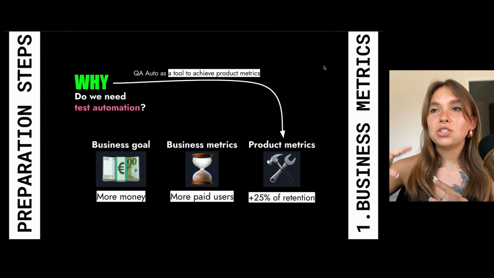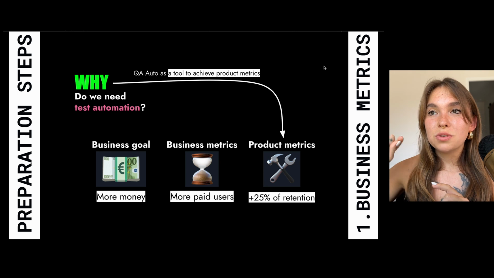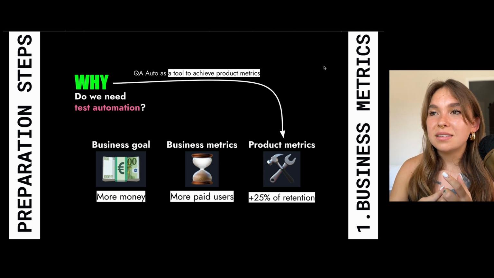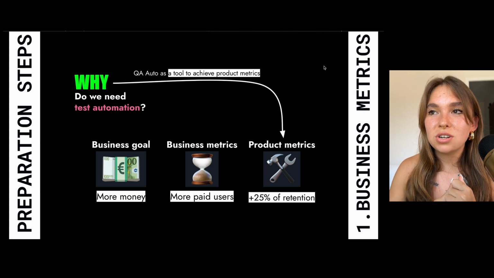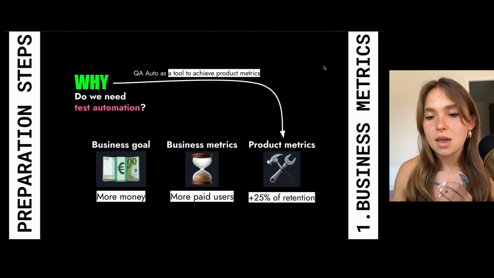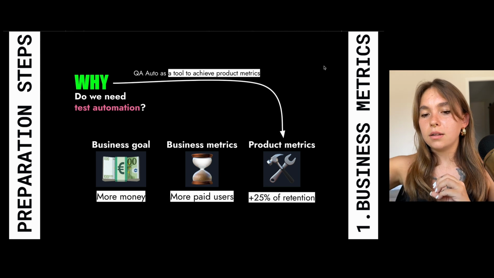When you follow this approach, it's much easier to ask for a promotion, to present your work, and so on, instead of writing tests just because you are a QA automation engineer and you have to write automated tests, because sometimes you don't even need them. That's why it's important to understand the final goal.